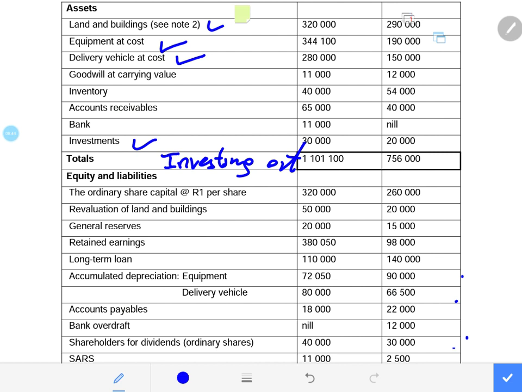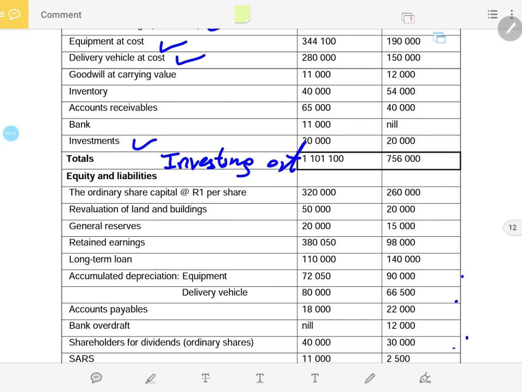But your cash flow from investing activities is your property sale or purchase, your land sale or purchase, your equipment or machinery purchase or sold, your vehicle that was bought or sold, or investment that was made. Either the investment sits under non-current asset or under current asset, that investment goes under your cash flow from investing activities.